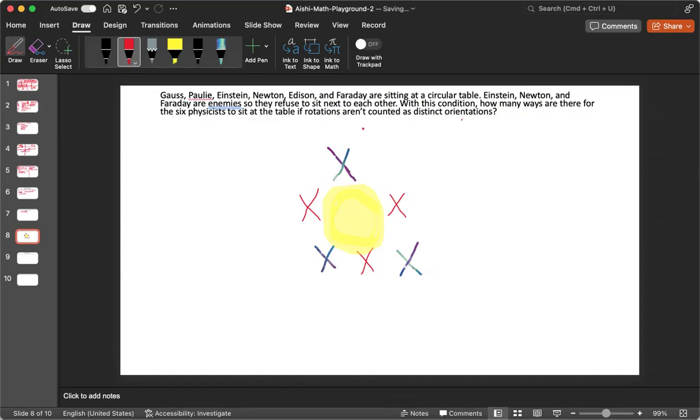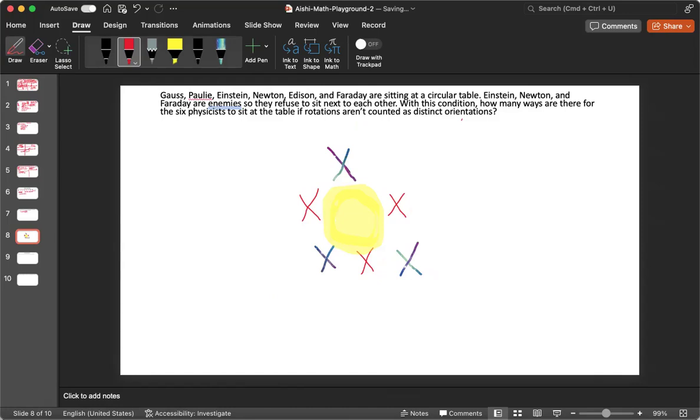So, we can rotate a person's place. The easiest way would be to pick someone at the top without enemies and then permute the rest.